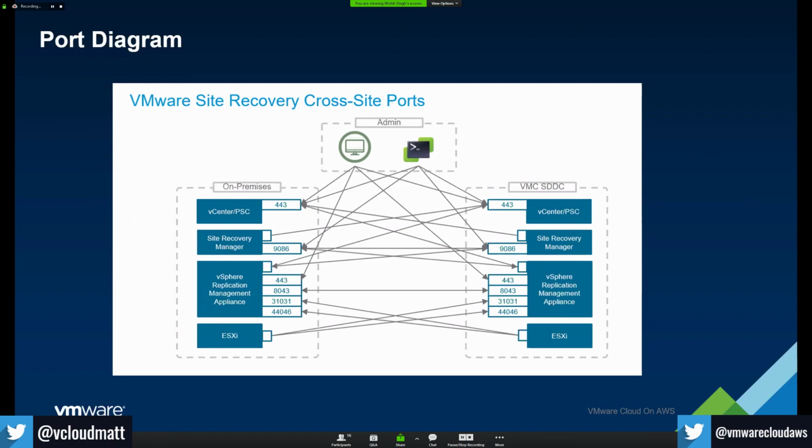In the subsequent slides, we'll see how easy it is to create firewall rules on the cloud SDDC. It's really not as complicated as that slide makes it out to be, I don't think. Yeah, the SDDC side is very easy. What you need to take care of is the on-premises firewall.